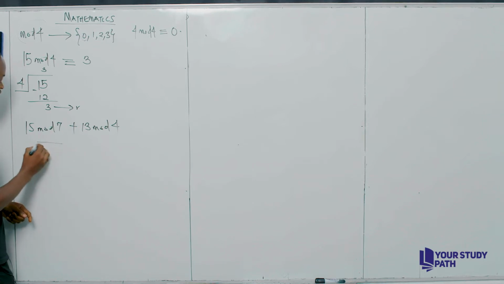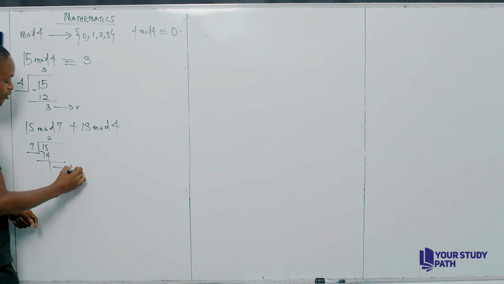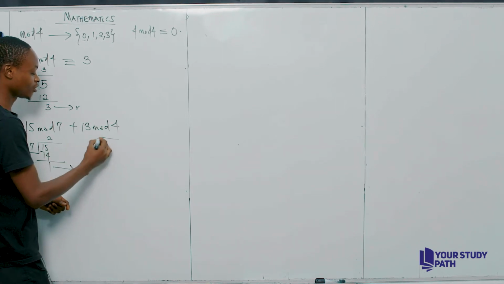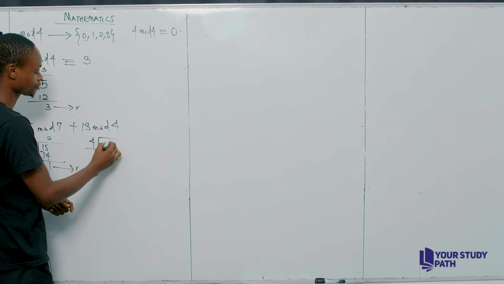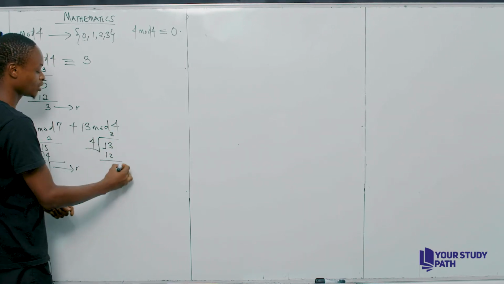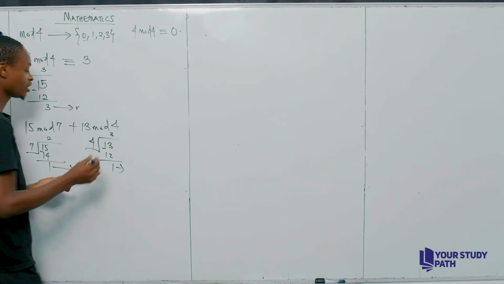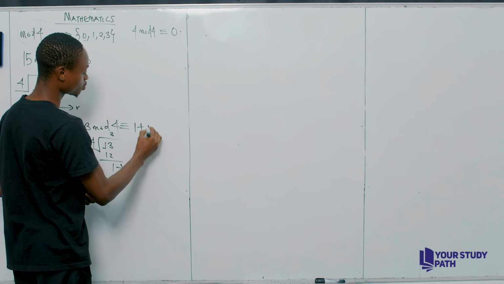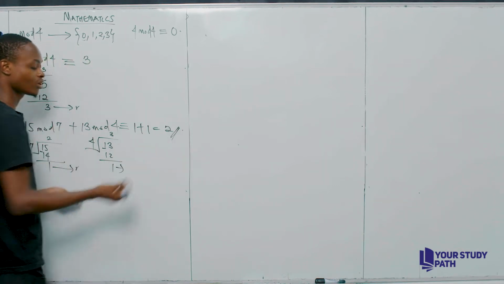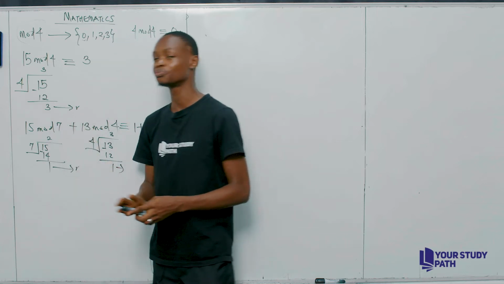You could find this again via long division: 7 into 15 goes 2 times, here you have 14, and then the remainder here is 1. Then do the same long division on this side, and you'd have this as well to be 1, which means that 15 mod 7 plus 13 mod 4 will be equivalent to 1 plus 1, which is equal to 2. We talked about how we could carry out operations on modular arithmetic like so.